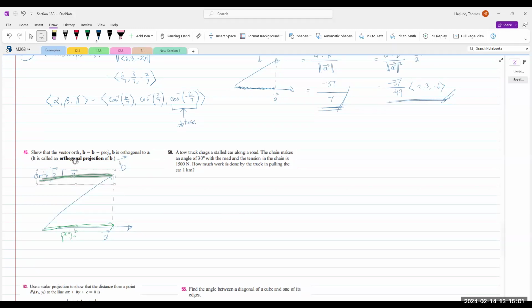Notice that B minus projection of B onto A will be this guy, which is perpendicular to vector A. Okay, that's the geometric explanation. How about showing that without pictures, which is actually more the one that they want?